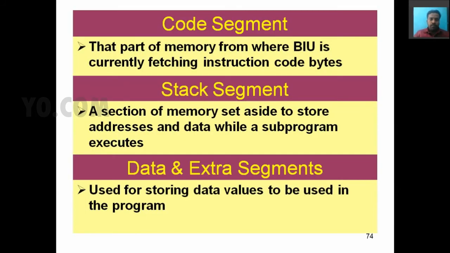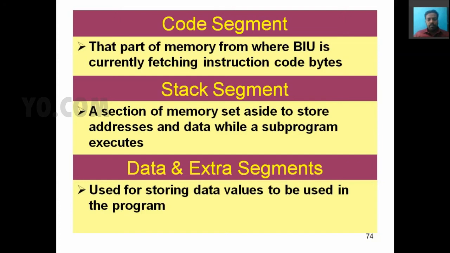Then the code segment. This is the memory from which the bus interface unit is currently fetching instruction code bytes. The code segment only stores the code, meaning instructions. The stack segment is a section of memory set aside to store addresses and data while a subprogram executes. Whenever a subprogram executes, the address and data are temporarily stored in the stack.